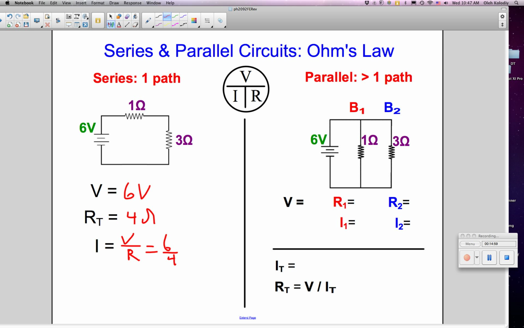So that's 3/3 plus 1/3, that's 4/3. That's 1 over R total. And therefore the total resistance here is going to equal 3/4 of an ohm.